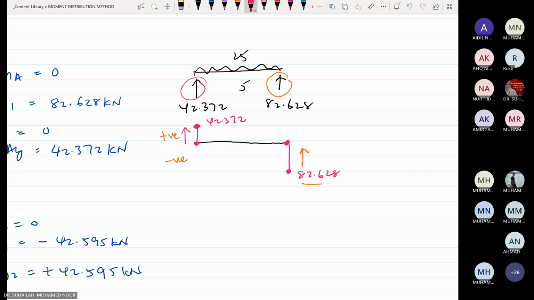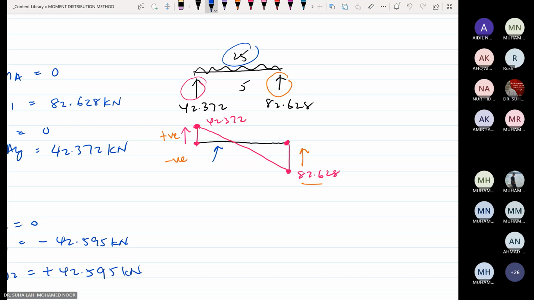We have to join the dots, and now it has an intersection. For this intersection, we have to determine the distance. We get it from 42.372 divided by 25.